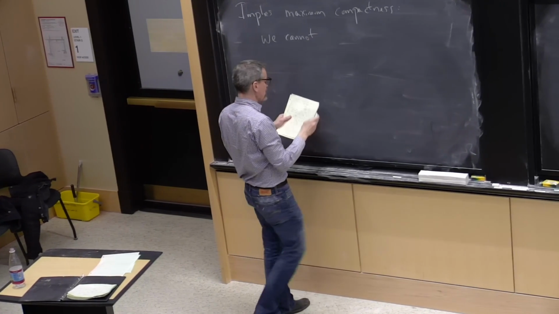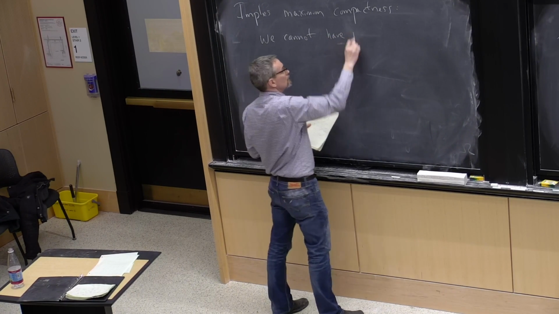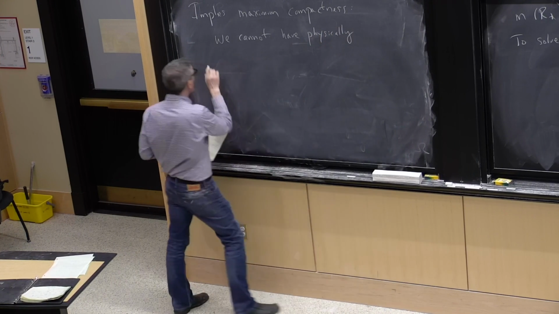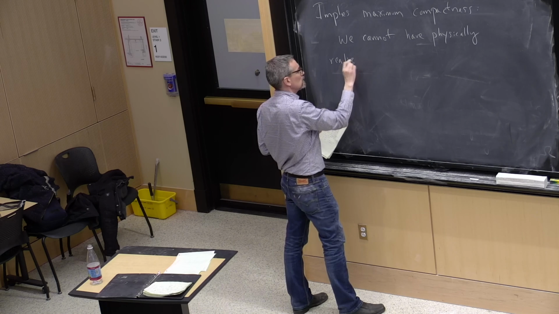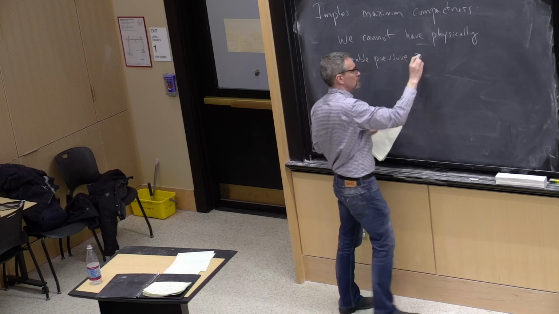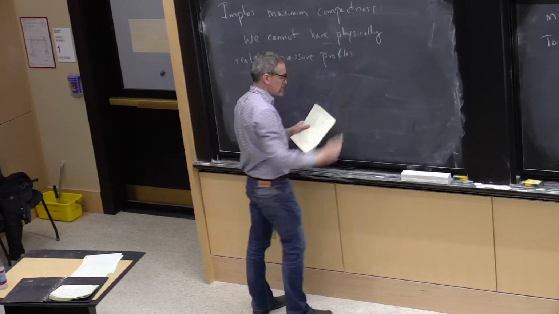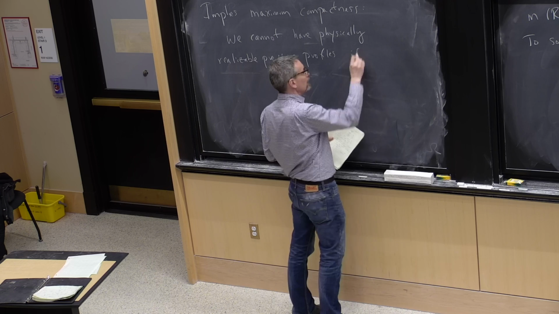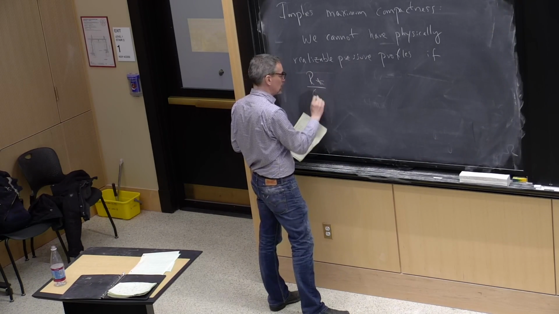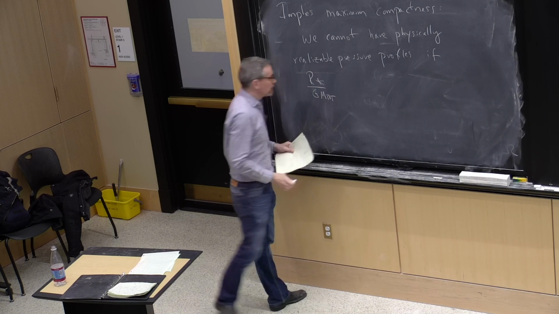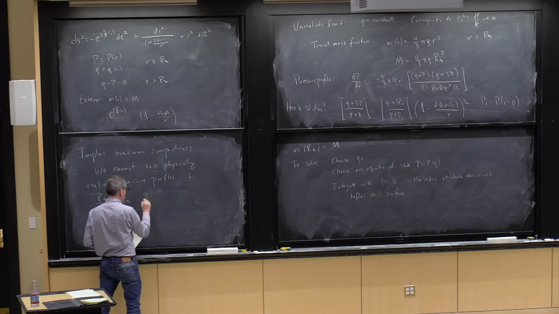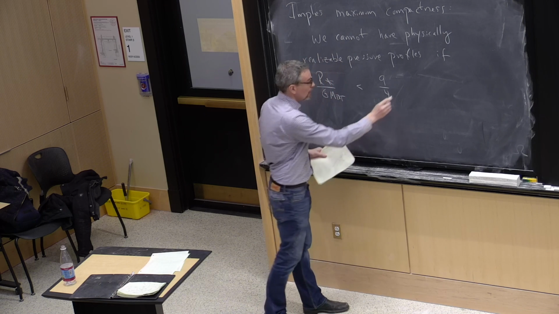We cannot have physically realizable pressure profiles if, and let's turn that around, if the ratio of the radius to G times the total mass is smaller than 9/4.